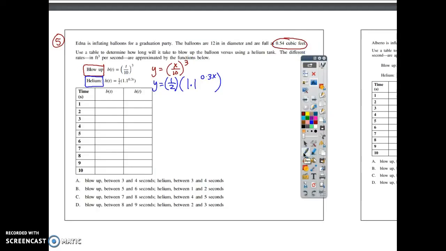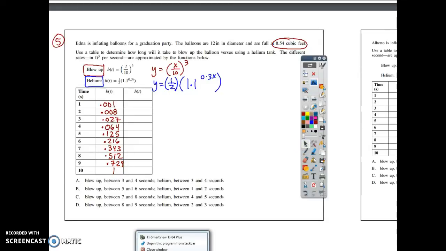Okay, so at 0, my red. I got 0.001, 0.008, 0.027, 0.064, 0.125, 0.216, 0.343, 0.512, 0.729, and 1.